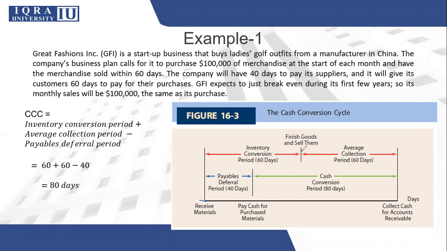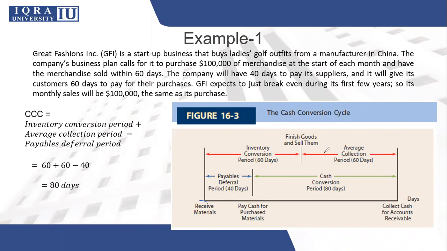The average collection period: once you have sold your goods, you're not going to immediately get cash because you have allowed a credit of 60 days to your customers. So your customers are most likely going to pay you after 60 days. So that means the operating cycle of the business is 120 days. The inventory conversion period plus the average collection period gives you the operating cycle.